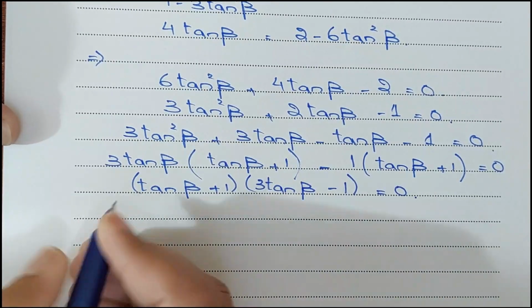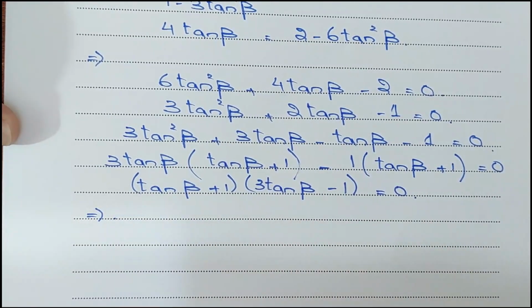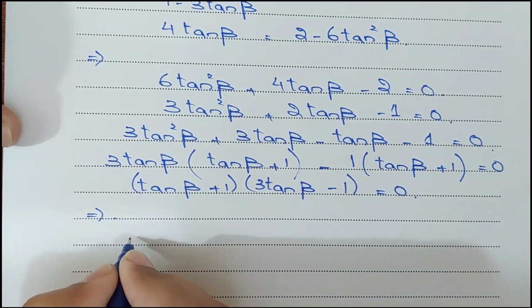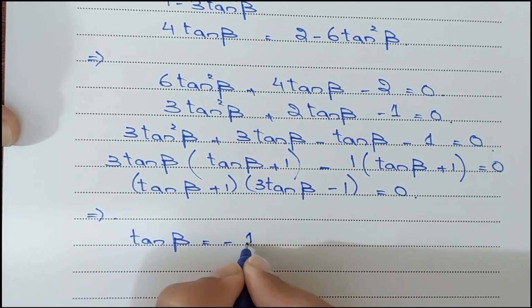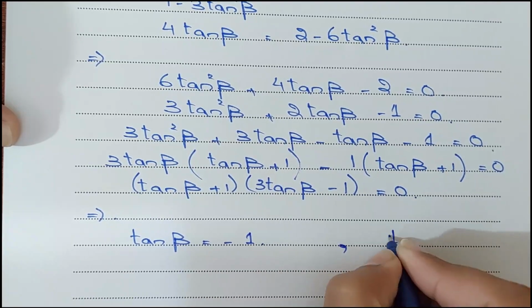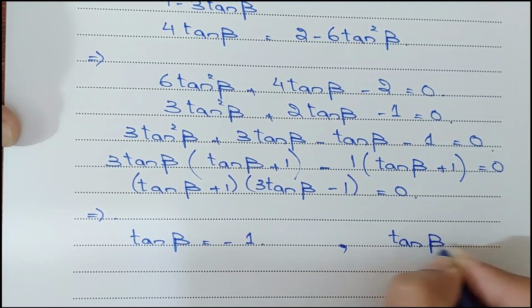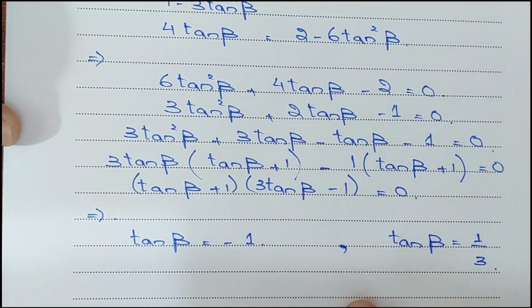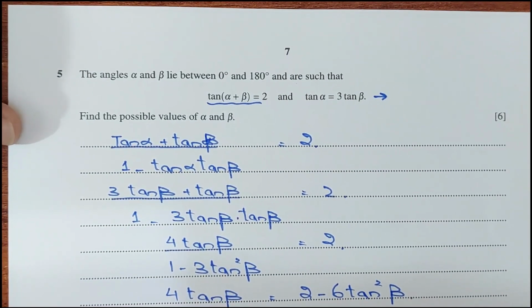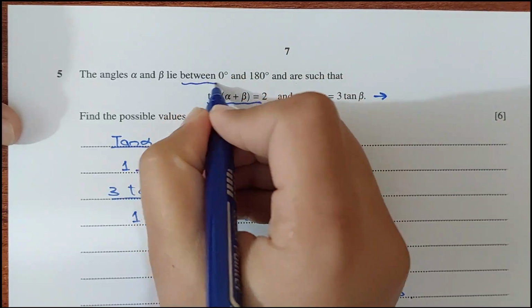Right? Okay, let me set both the factors separately equal to 0 to get the value for tangent. So from here we have tan beta equals minus 1, and from the other factor tan beta equals 1 by 3. Right? So we have to find the values of alpha and beta between 0 to 180.